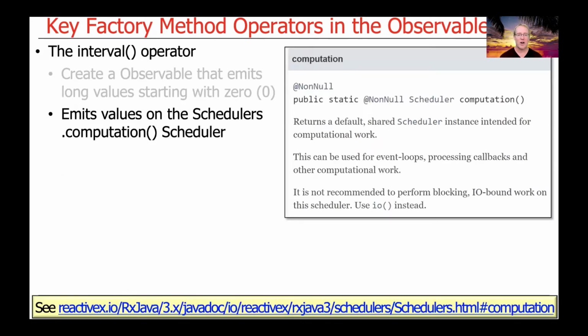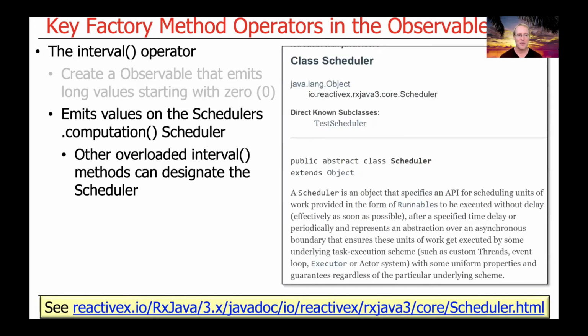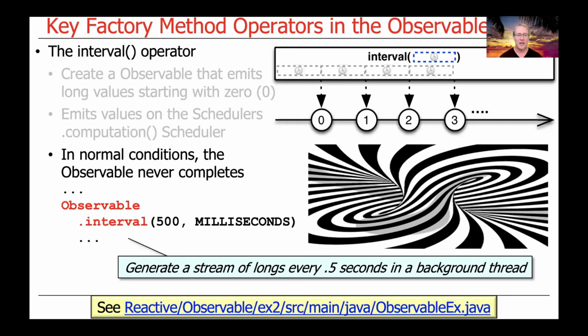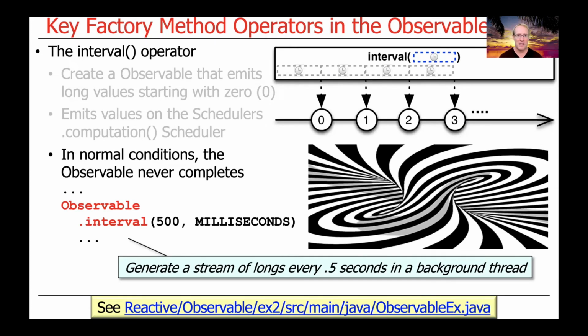This emits values on the Schedulers computation scheduler. That's what it uses by default. There are other overloaded interval methods that can designate another scheduler if you want to have one besides the one that's provided by computation. Under normal conditions, the observable that's emitting these events at regular intervals never completes.